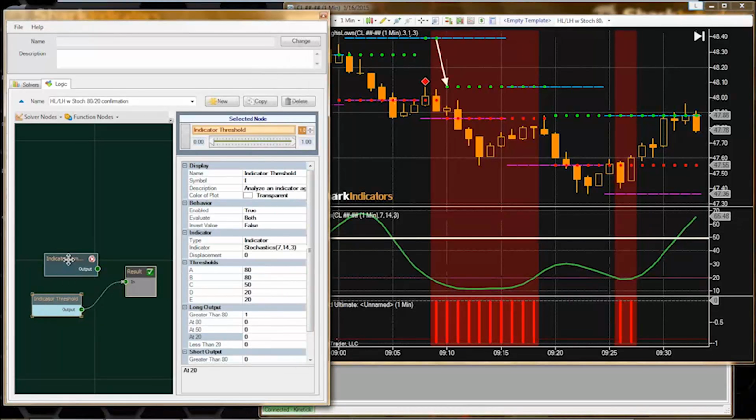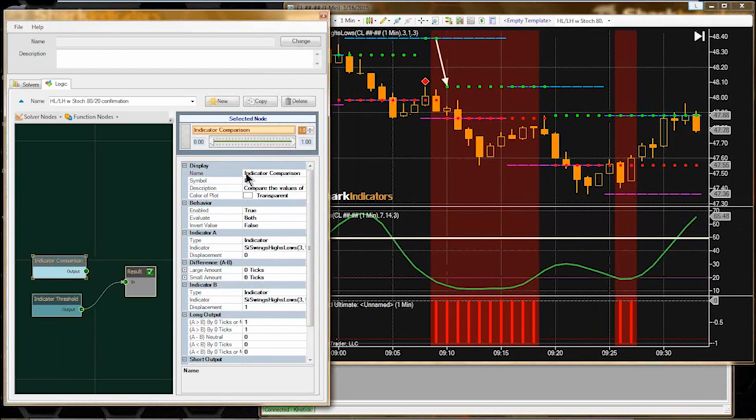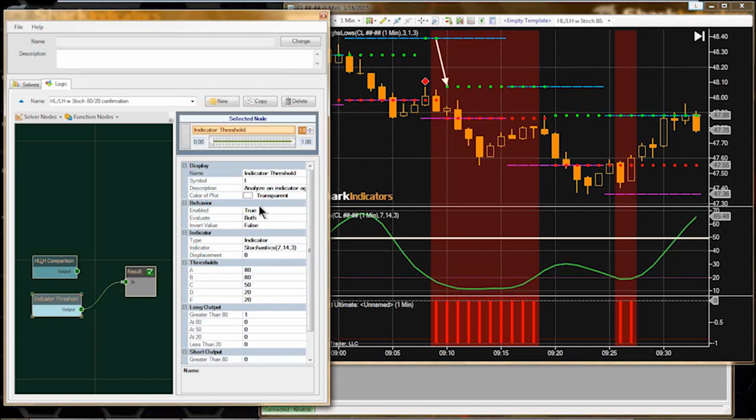So the next step, we have our two conditions, and let me put a proper name on here. We're finding a higher low and a lower high, and this is looking for our stochastic 20/80.